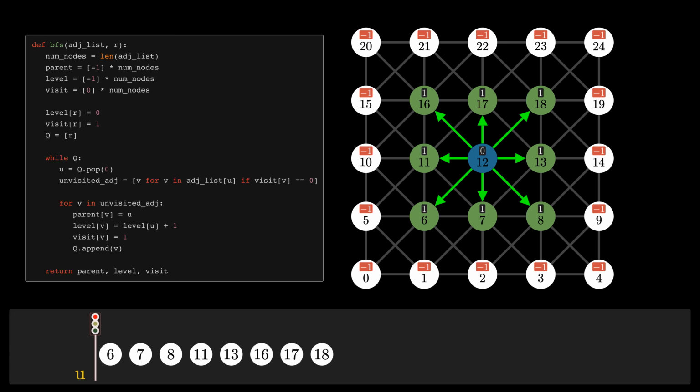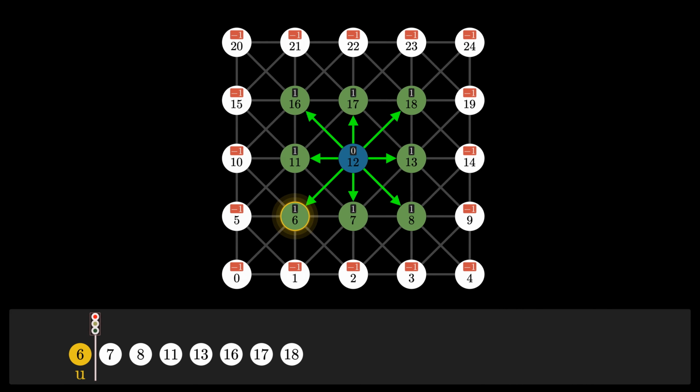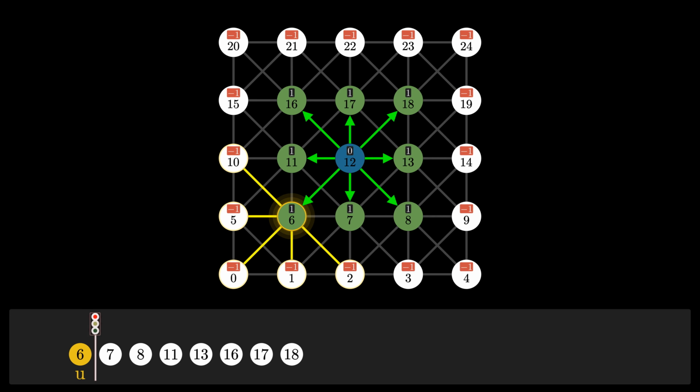In the following, we dequeue this node from the queue and determine all unvisited adjacent nodes of this node. Each unvisited adjacent node of the node 6 will get the node 6 as its parent, a level that is equal to the level of node 6 plus 1, will be marked as visited and appended to the queue. The algorithm will proceed in exactly this manner.